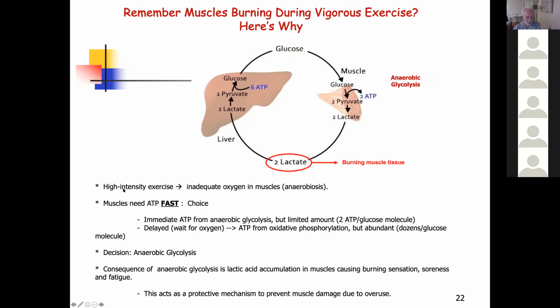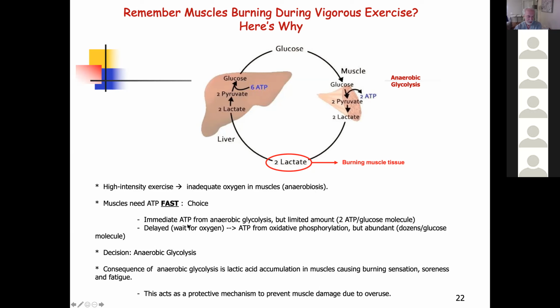So what's the sequence? If you're having a high intensity exercise, your muscles run out of oxygen. They become anaerobic. So one of 2 things could happen. Either they can enter into anaerobic glycolysis and have an immediate generation of 2 ATPs per glucose molecule, or they could wait for oxygen, in which case they would get a lot more ATP.